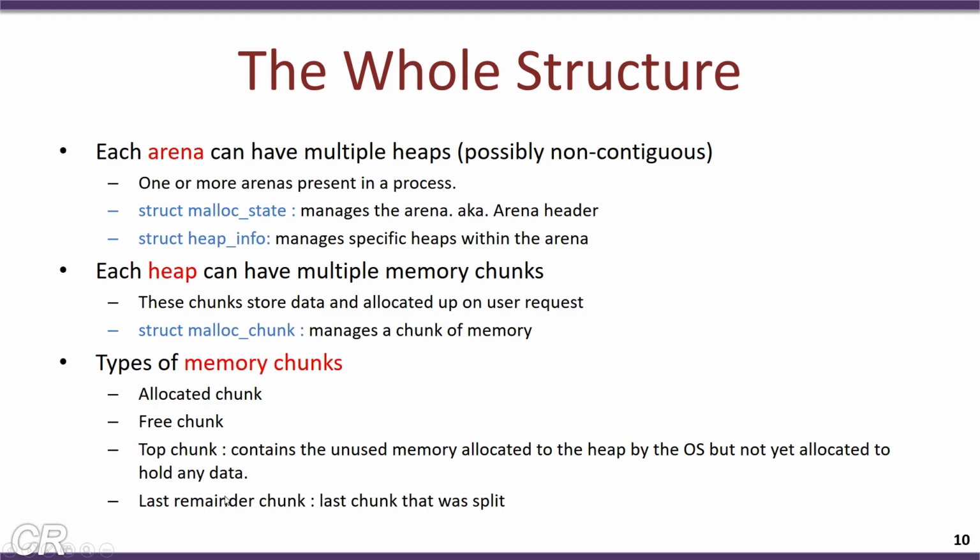Now we will look at what a top chunk is and what a last remainder chunk is later on, but at this point it is interesting to note that the structure that actually manages this heap memory is known as the malloc_chunk. So you can look up the PTMalloc2 code and locate this malloc_chunk and see all the entries that are used to manage a particular memory chunk.